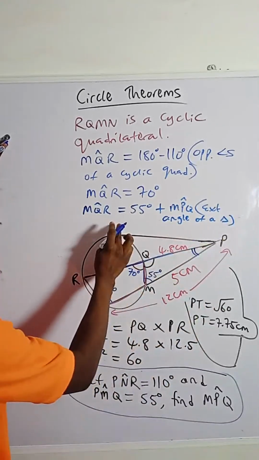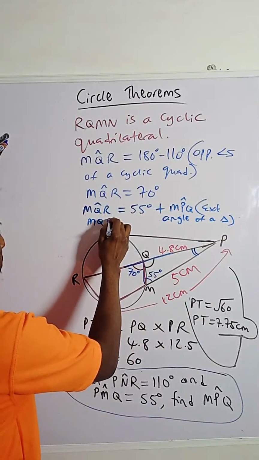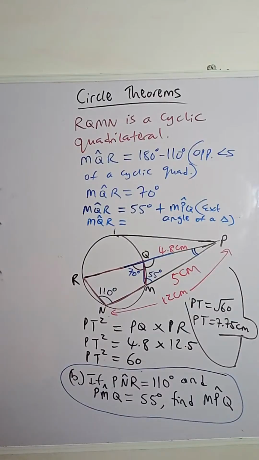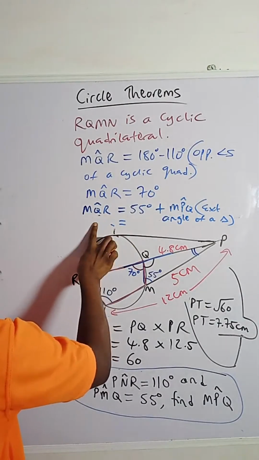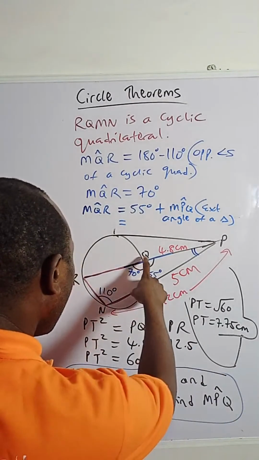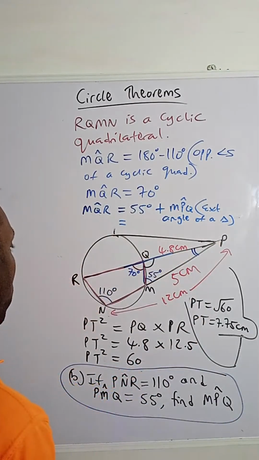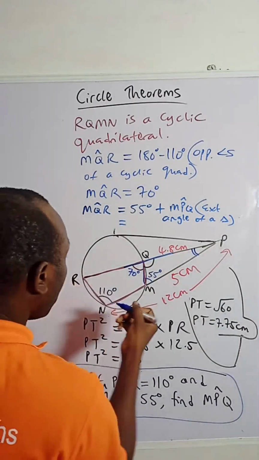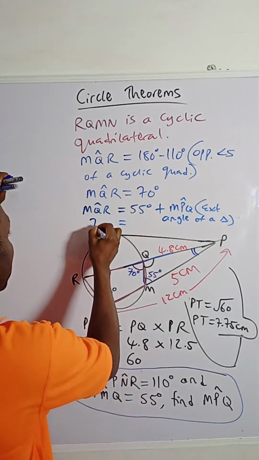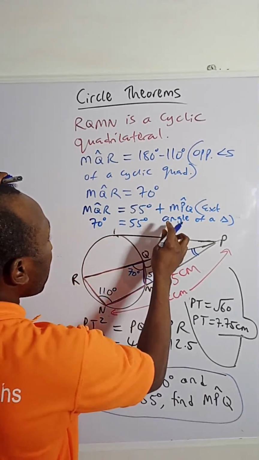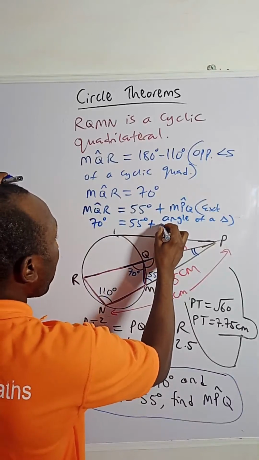So it means that MQR is equal to what? MQR is 70 degrees. Okay, we're on track. It's equal to 55 degrees plus MPQ, which is what we're looking for.